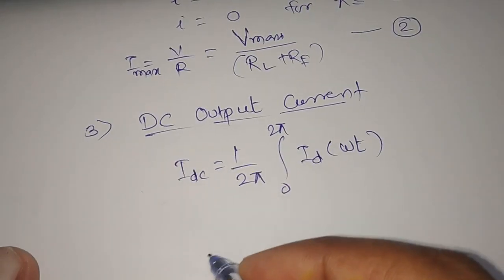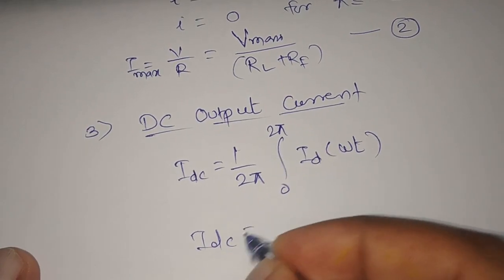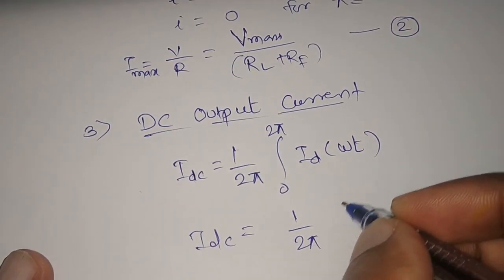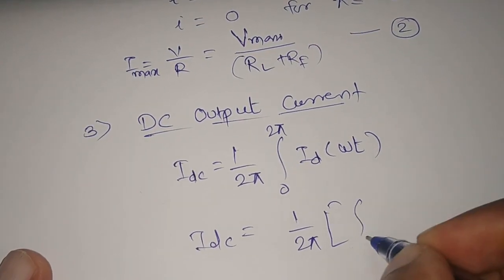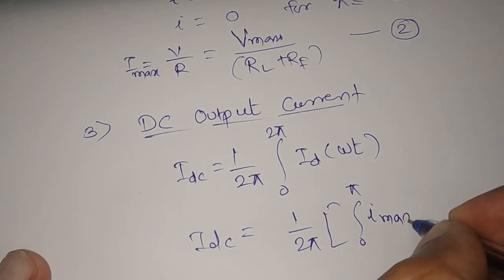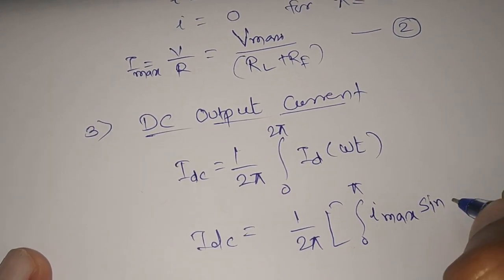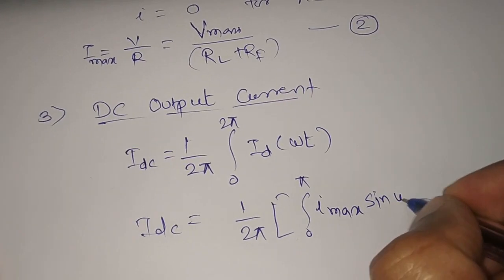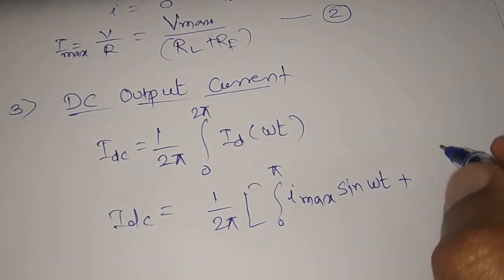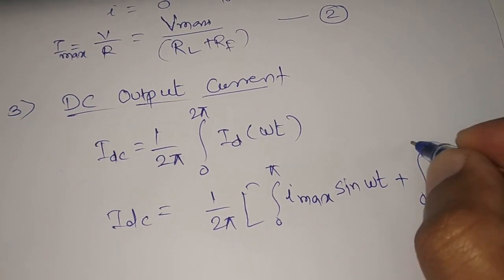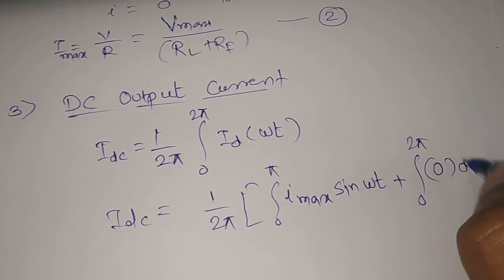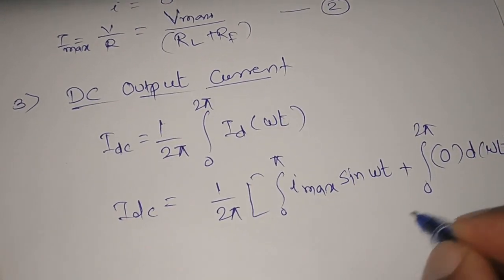So what we will get, IDC is equal to 1 upon 2 pi. So for half part 0 to pi we have I max sine omega t, plus for pi to 2 pi the current is 0. So this term anyhow it will get cancelled.